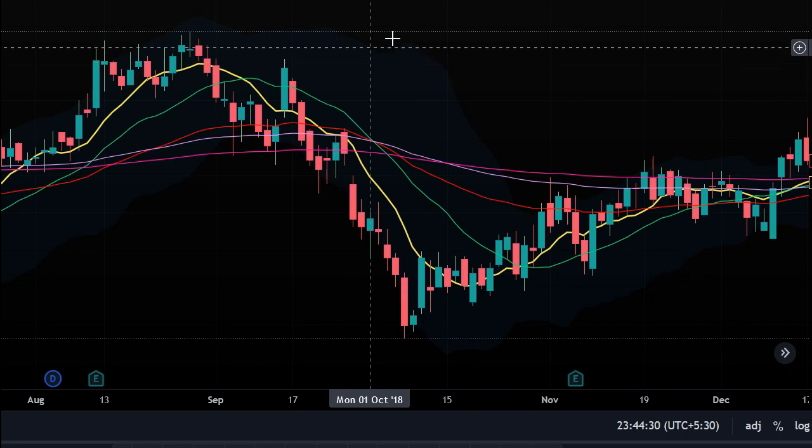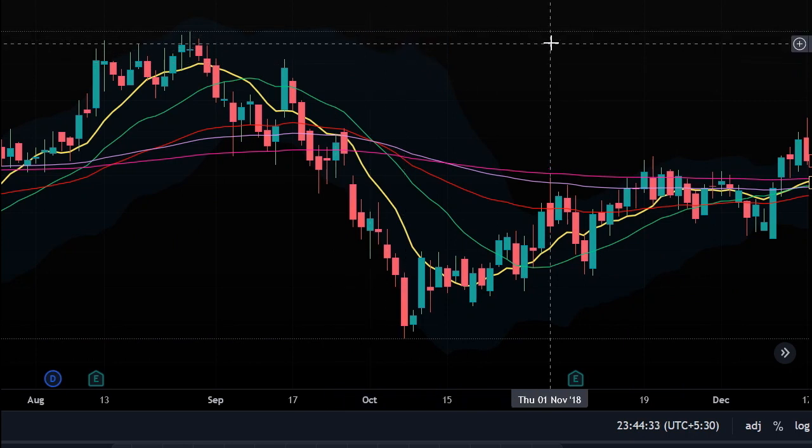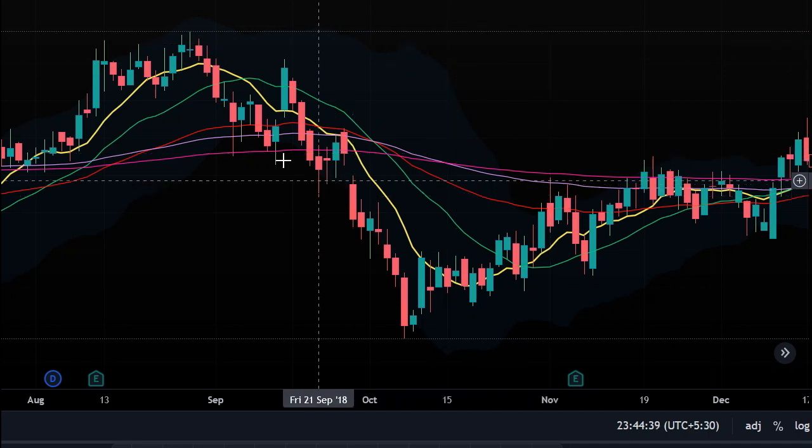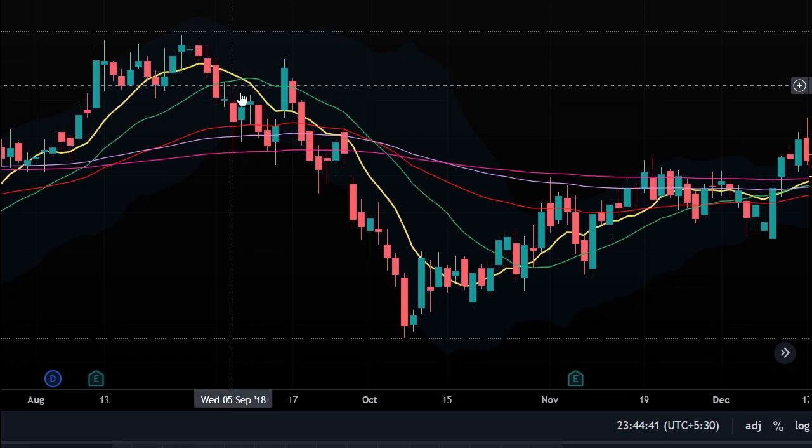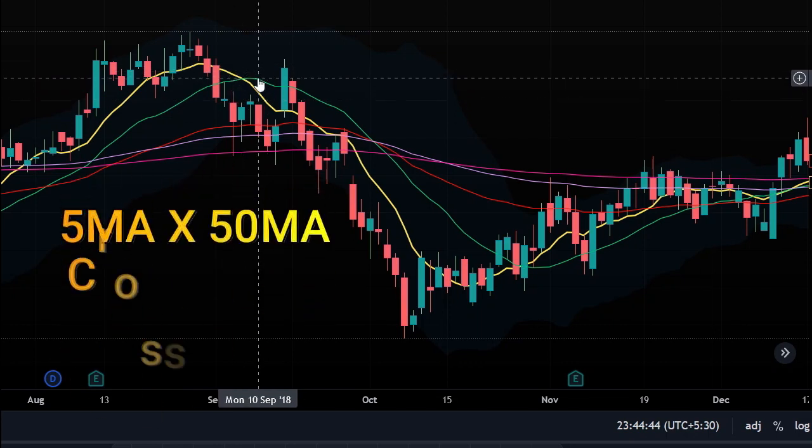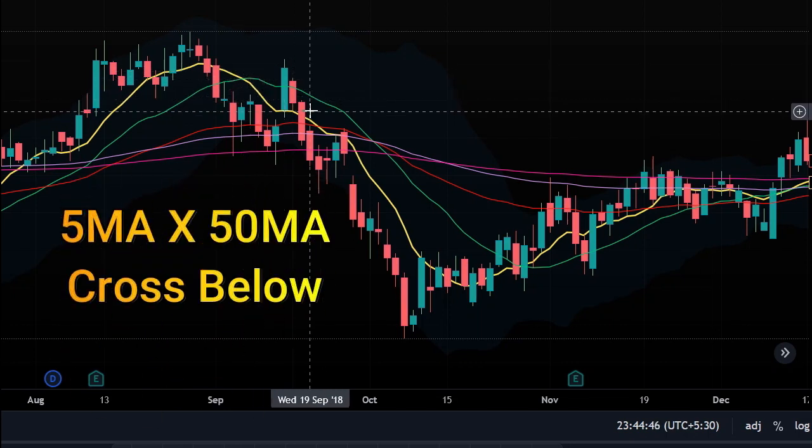Now we will talk about the strategy of the moving average. The main strategy of the moving average is whenever the smaller moving average crosses the bigger moving average, it gives a big rally.